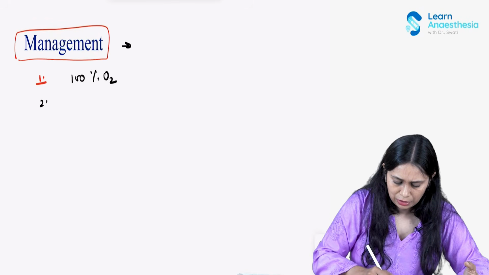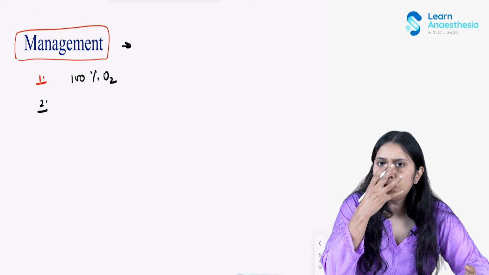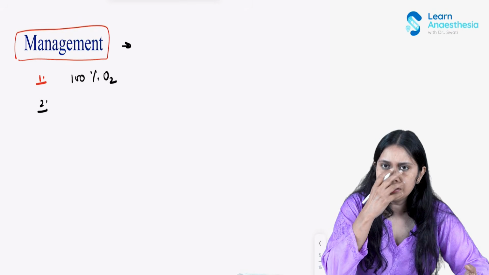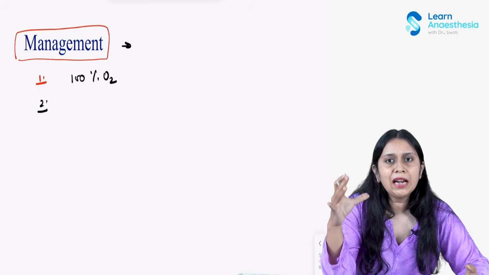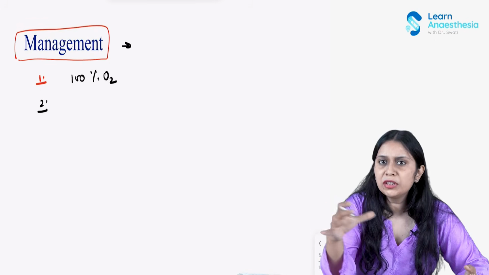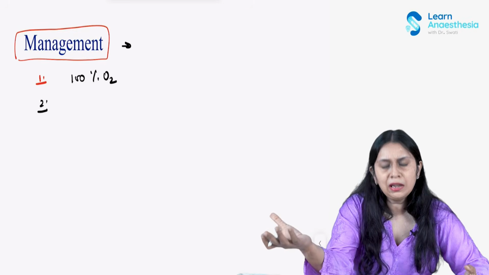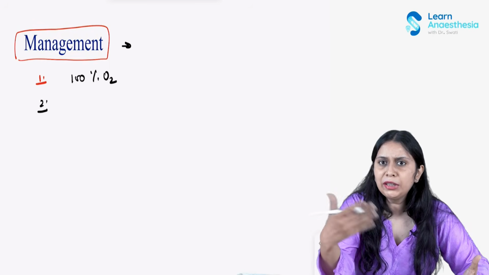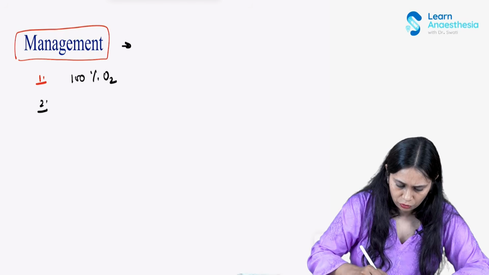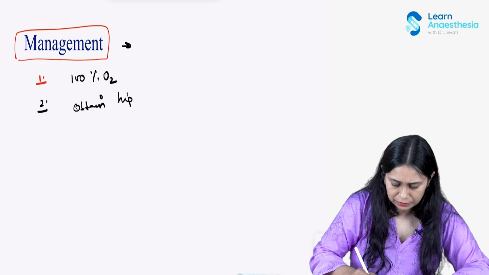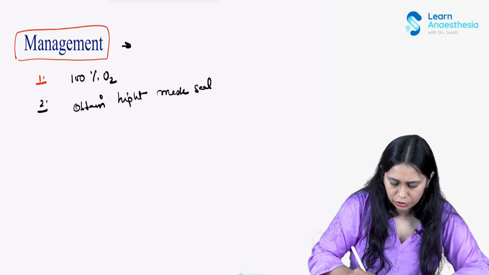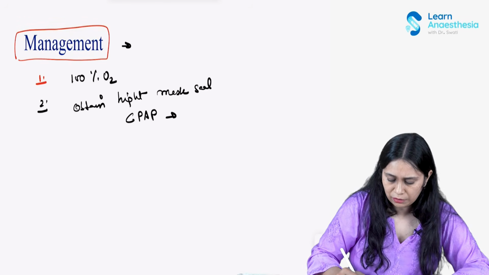Then after this, I will put the mask on the patient's face, over the nose and the oral cavity, obtain a tight mask seal, and try to give continuous positive airway pressure through the anesthesia machine with a jaw thrust.